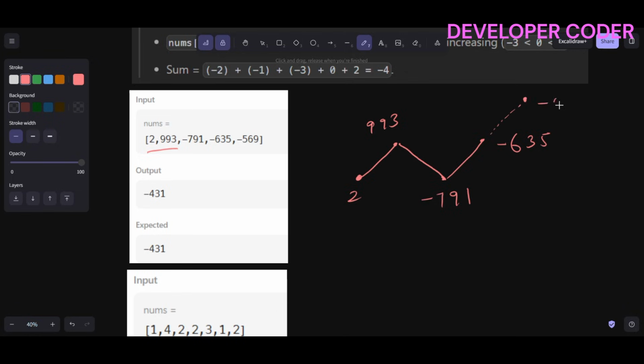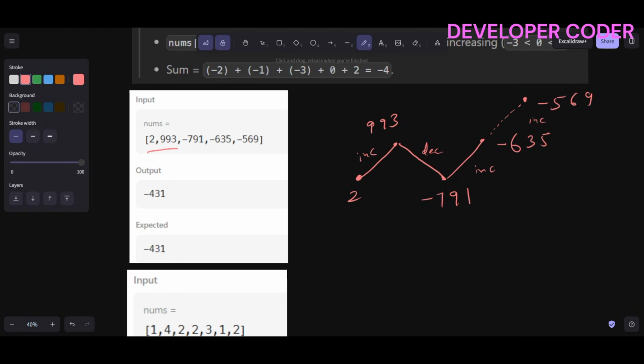Here minus 569. Now what is your output if you take all this? See, you are clear, right? This is value 2, then 993, this is increasing, then 993 to minus 791 is decreasing, then minus 791 is smaller than minus 635, increasing, and minus 635 is smaller than minus 569, so it is also increasing here.